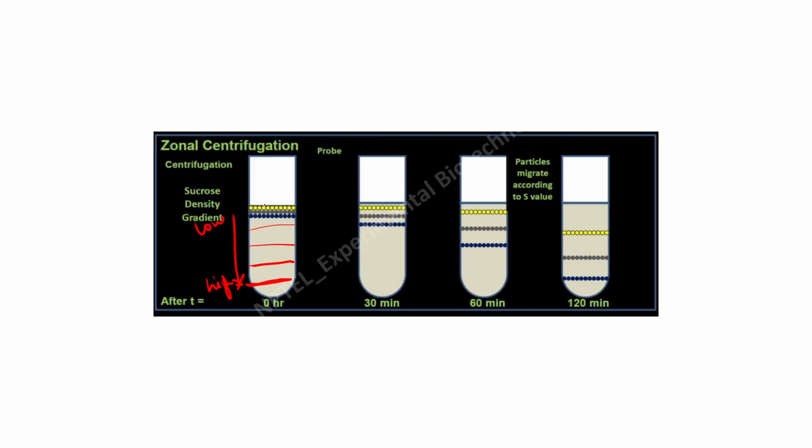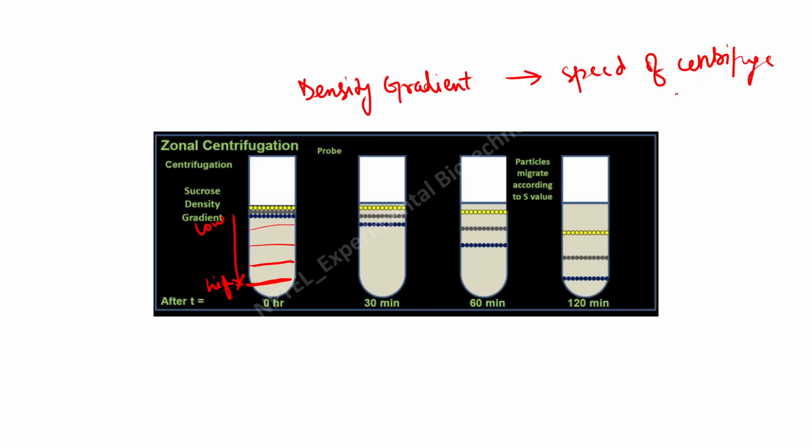Now we load the sample, the mixture that we want to separate. When we start centrifugation, in density gradient centrifugation the speed of centrifugation is constant.